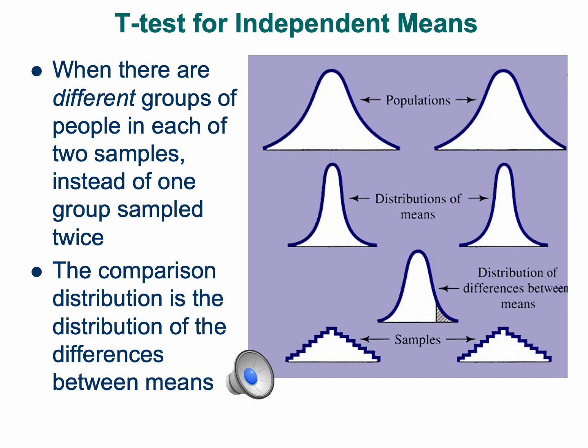So you have those two just like before. And now you're going to compose a new comparison distribution that represents the distribution of differences between the means. So if you were to subtract the two means that are being created above in the second level there, you would end up with a distribution of difference scores, of differences between means, and that then becomes the probability distribution you're going to use to make your inference.